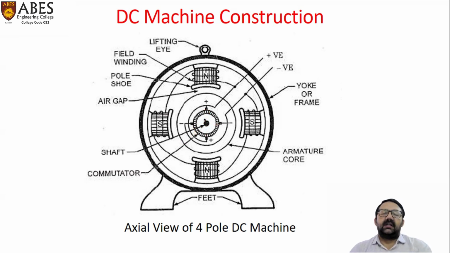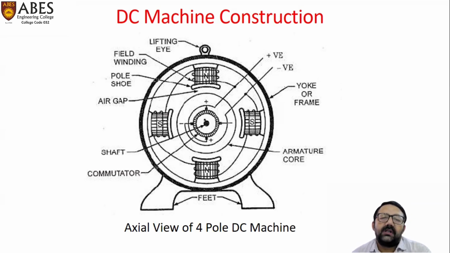But when the rating of the machine is very high, the design of carbon brushes becomes impractical, and in such cases the only option left is metallic brushes. Although in that scenario, due to metal friction between the commutator and brushes, damage occurs on the brush surface as well as the commutator. So in large rating machines, the maintenance of the commutator becomes more important during regular checkups. So this is the construction.